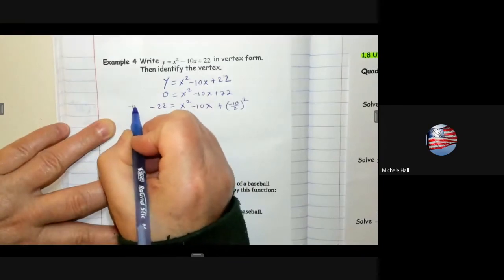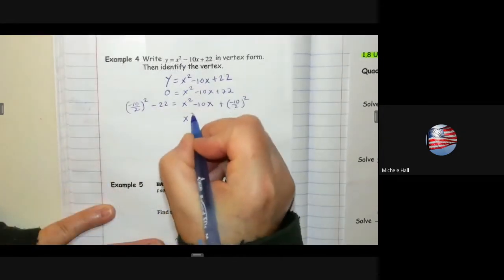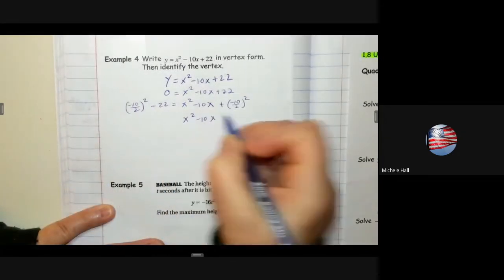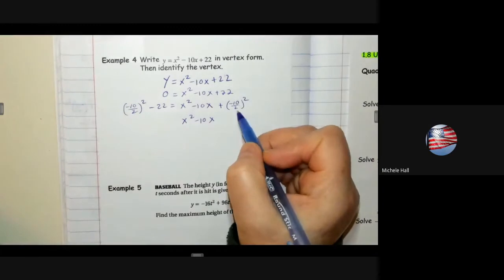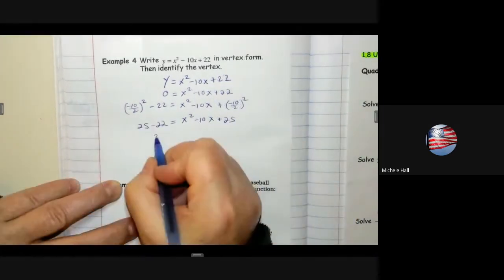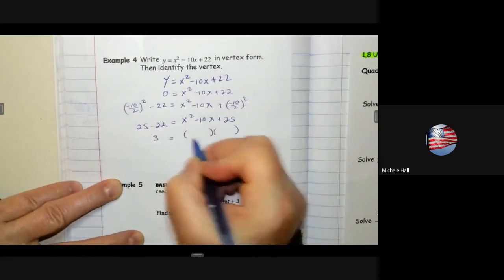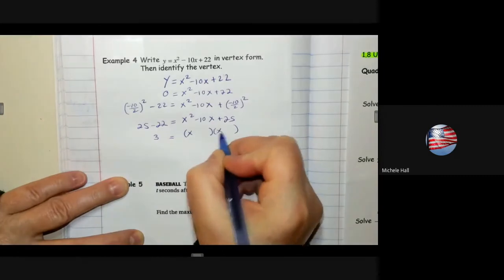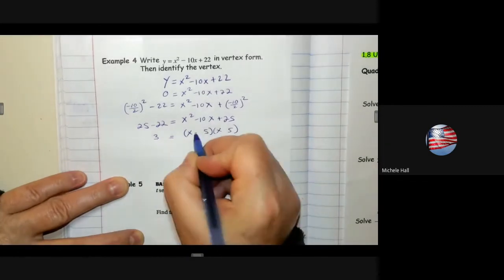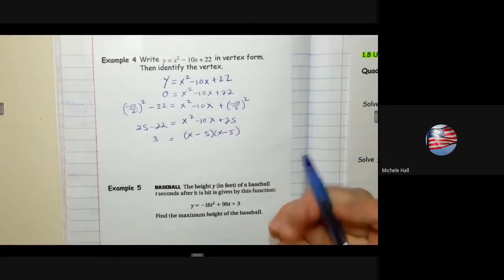So x squared minus 10x, we have negative 10 divided by 2 is negative 5, squared is 25. Then we factor: x minus 5, and that would have to be negative 5 and negative 5 to add to negative 10 and multiply to positive 25.